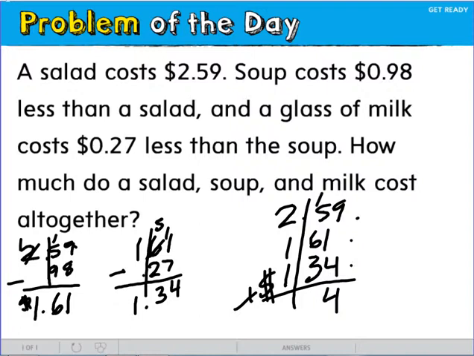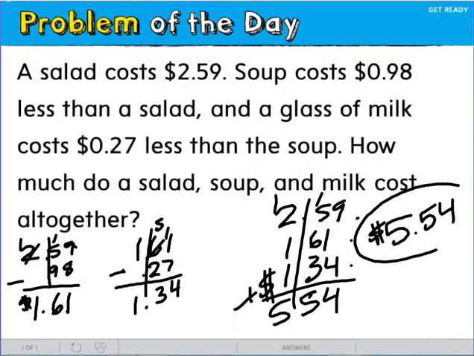Regroup the 1. 6, 12, 15. Regroup the 1. 3, 4, 5. Should be $5.54. There you go.